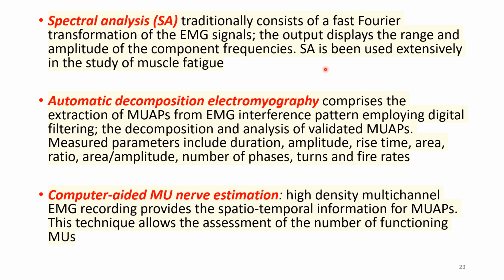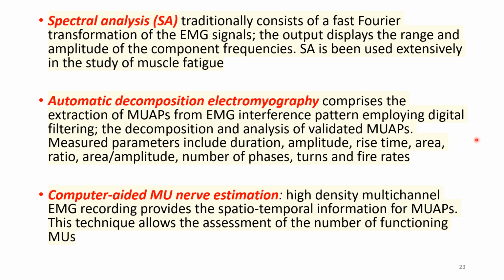Next, coming to the automatic decomposition electromyography. It comprises the extraction of MUAPs from the EMG interference pattern, employing digital filtering, and the decomposition and analysis of validated MUAPs. Measured parameters are duration, amplitude, rise time, area, ratio, area by amplitude, and number of phases, turns, and fire rates.